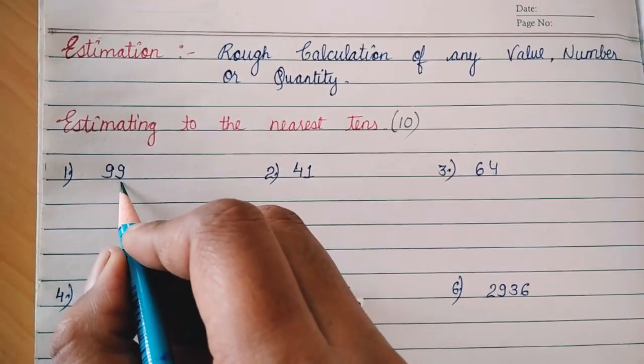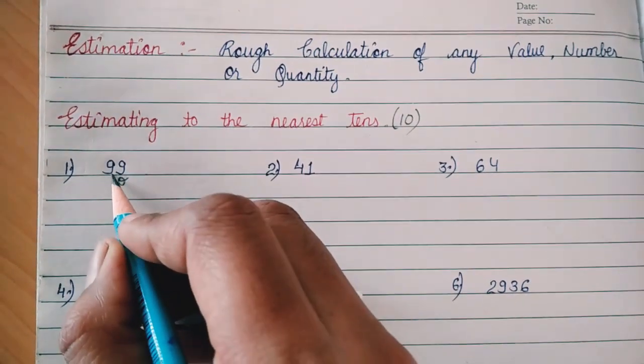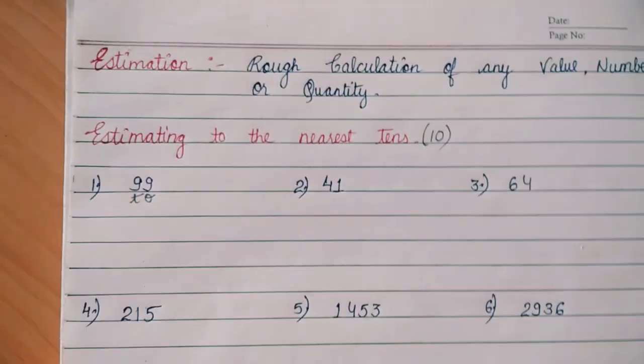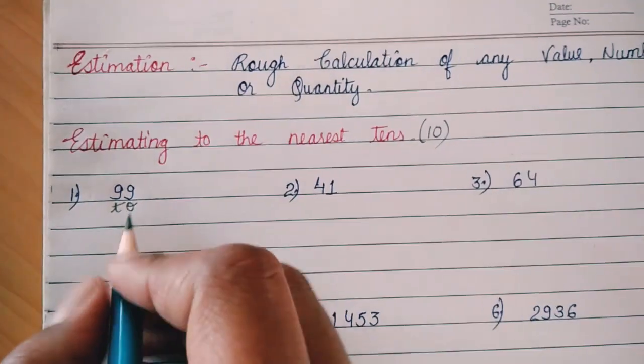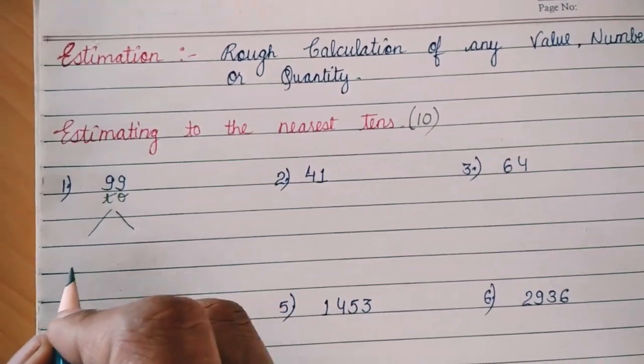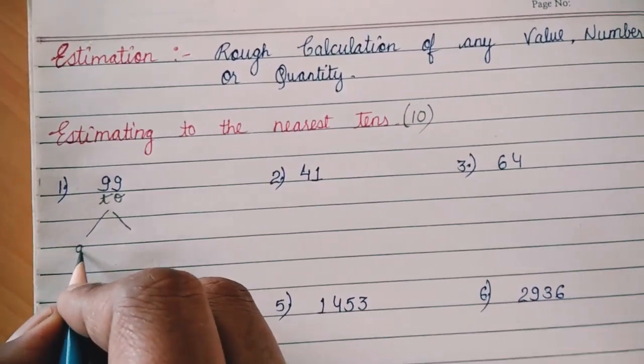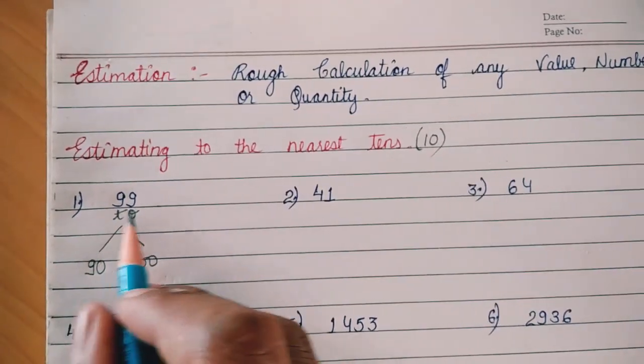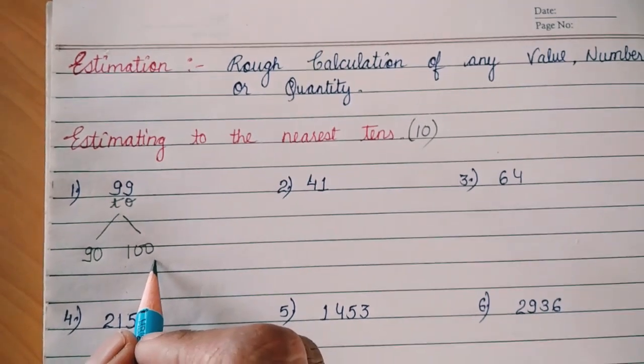Here 9 is in the ones place and 9 is in the tens place. So we have 99. It means we simply see 99 is coming in between which two tens? 90 and 100. Okay, because after adding 1 we will get 100.